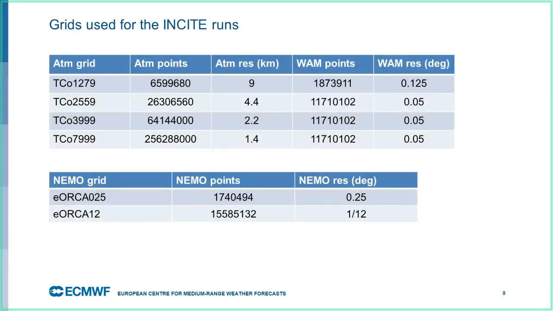So just to use an example, this is 9, 4.5, 2.2, and 1.5 kilometer resolution, number of grid points. We were stuck with a wave resolution of about 0.05 because that was the highest one we had managed to create at some point. But this is a lot of grid points. You really see how this goes up.